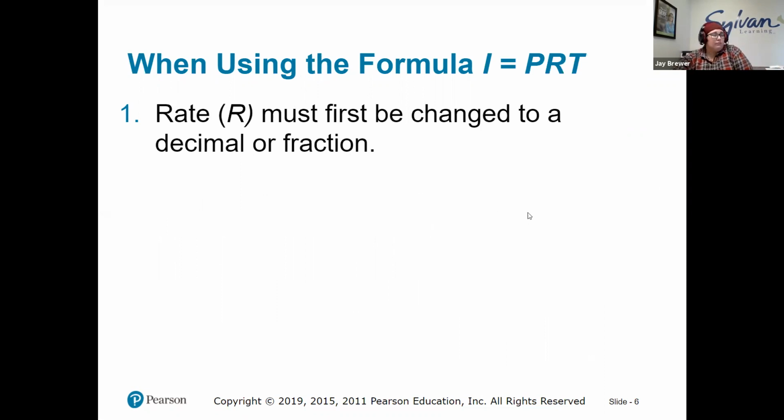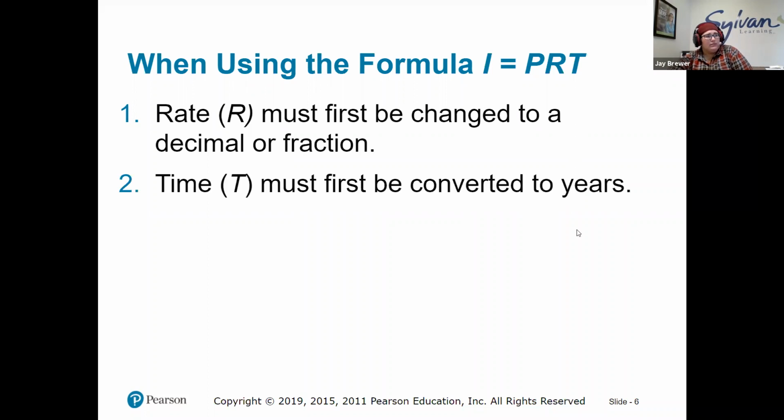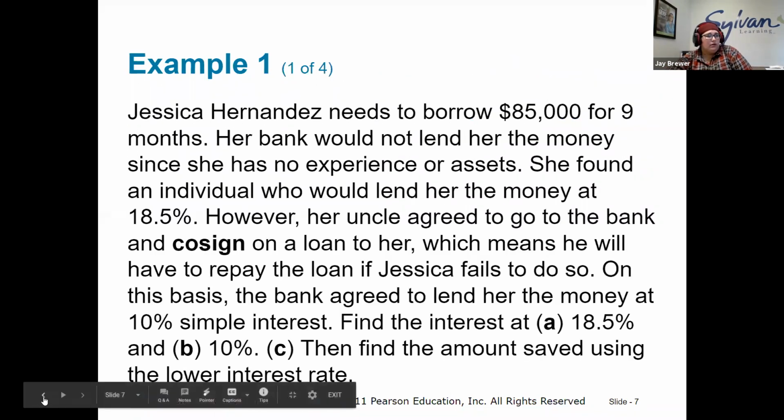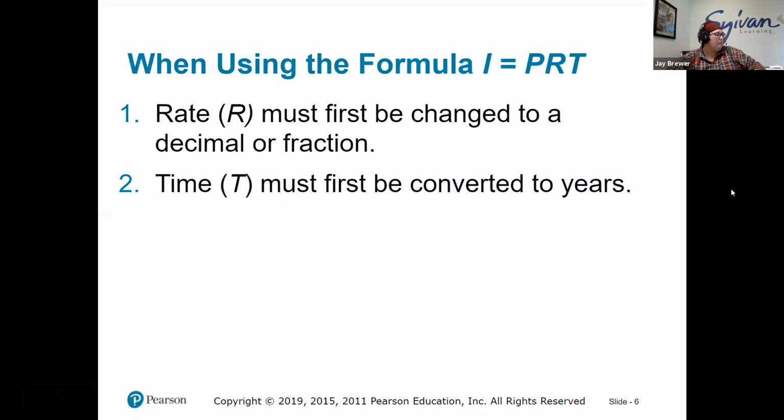All right, so the rate R must be changed to a decimal or fraction. Obviously, I would recommend just the decimal. T must be converted to years. I'll show you that one again in case you're writing it down.